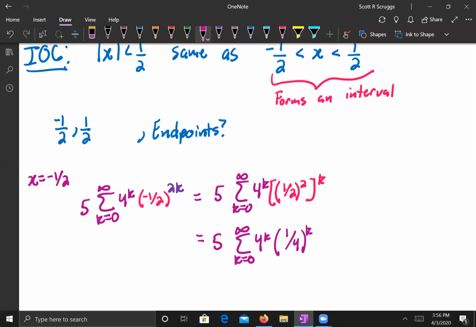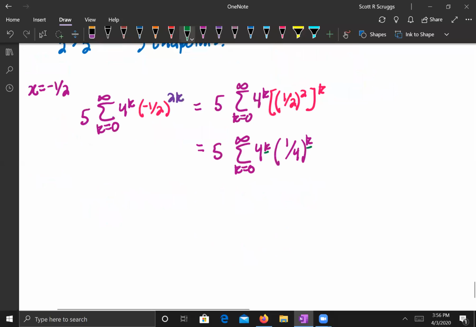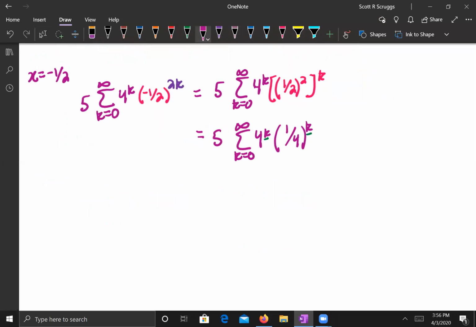So 4 and 1/4 have the same exponent, so that means I can combine them by taking their product and then raising them to the power k. So 5 times the sum, k equals 0, of 4 times 1/4 to the kth power. 4 times 1/4 equals 1. 1 raised to any power is still 1.